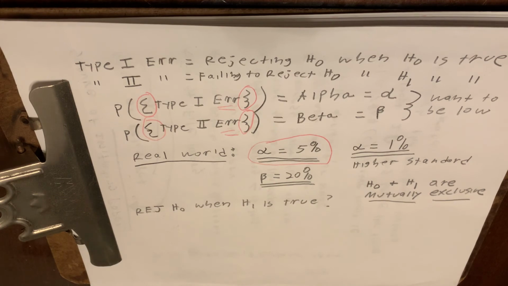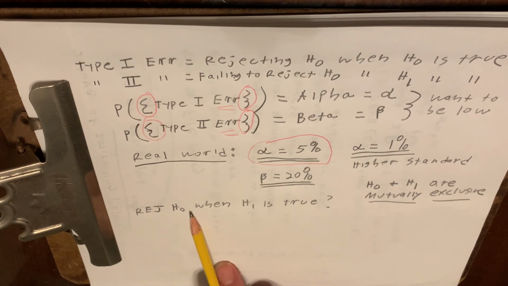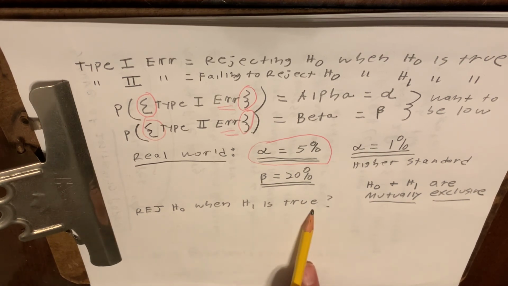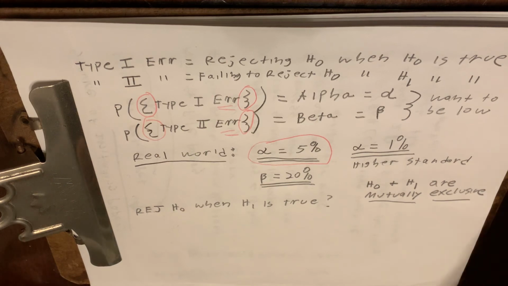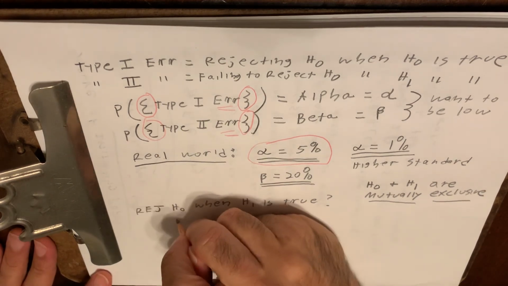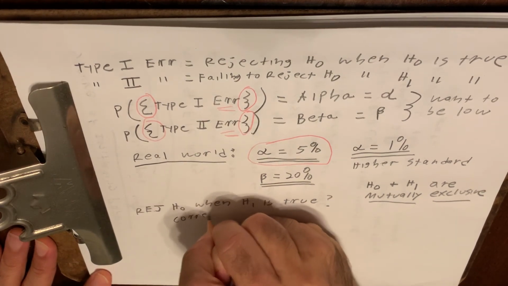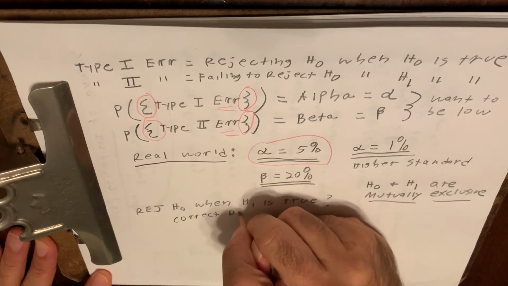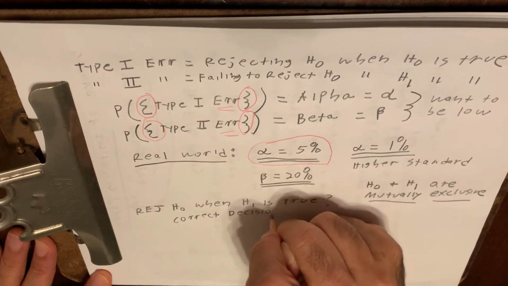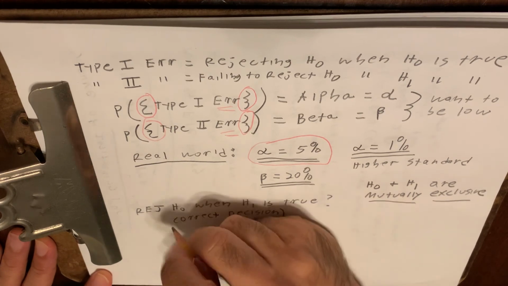So if you reject the null hypothesis, which is like accepting the alternative, when the alternative is true, you've actually made yourself a correct decision. So this is not an error. This is a correct decision.